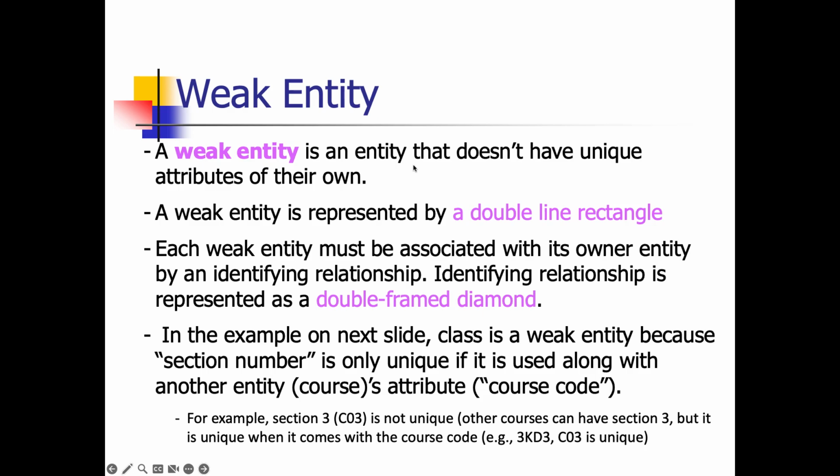So a weak entity is an entity that doesn't have a unique attribute of its own, and is represented by a double line. I'm going to provide you an example in the next slide. And each weak entity should be associated with its owner, and we use a double-framed diamond to represent that. So represent it this way.